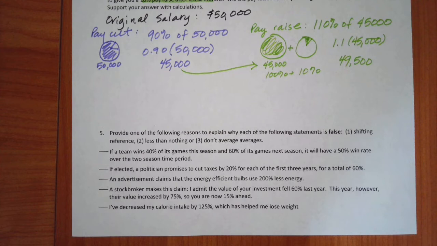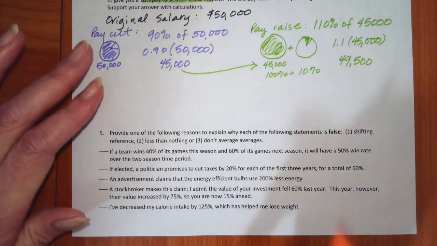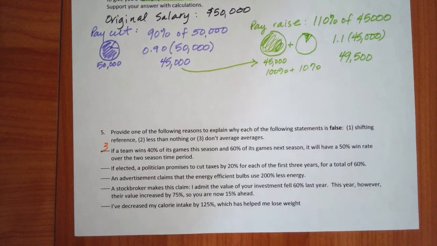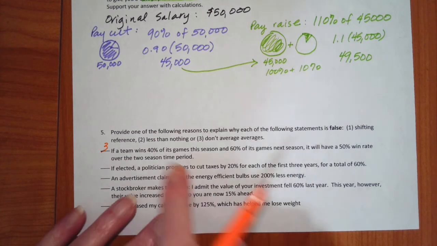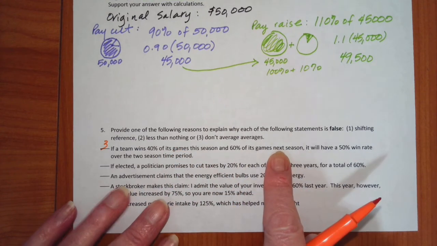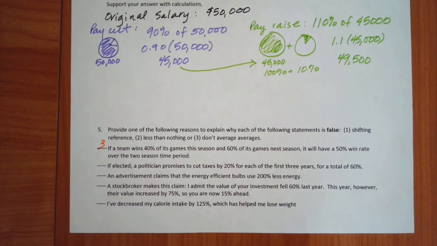Well, that is going to be false because you don't average averages. You don't know how many games this season and how many games next season. If it's the same number of games, then it's okay, but otherwise, no.